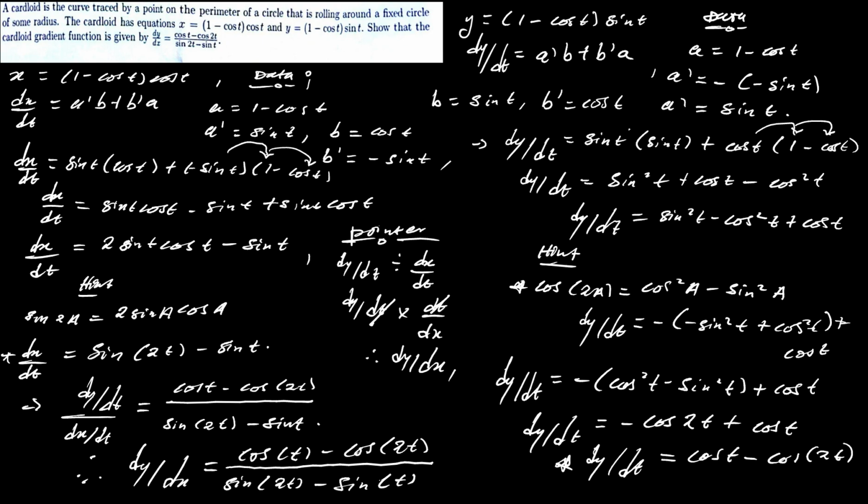And basically this is what they're asking us to show. They're saying show that the cardioid's gradient function is given by dy/dx equals cos t minus cos 2t over sine 2t minus sine t. And basically all you have to say is okay, it's shown.